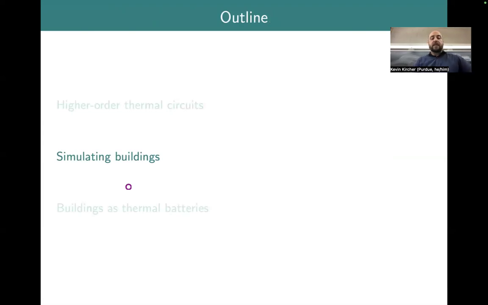Okay. So now we will get into the algorithms, or the ways of simulating buildings, that involve some information about how buildings are controlled, and specifically about how the heating and cooling equipment in buildings is controlled. So again, this is the coding problem that shows up in homework 3.